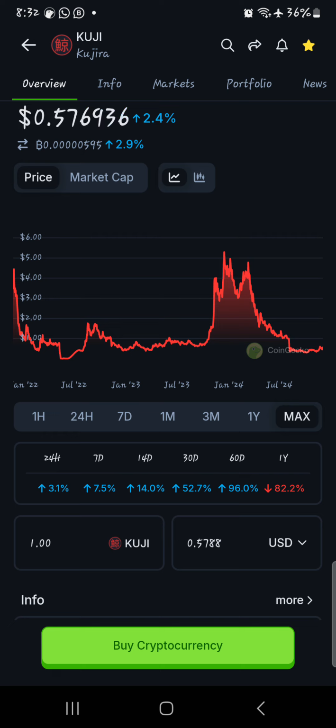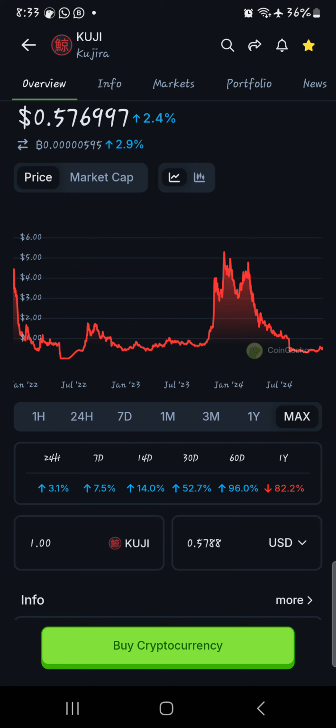So you can now project that even if it does a modest 300% past the previous all-time high, which is really modest, then you can say maybe $15, this token hitting $15. So that already gives you $15, that's 30x. So that simply means your $10 investment can become $300. So that is this kind of project.